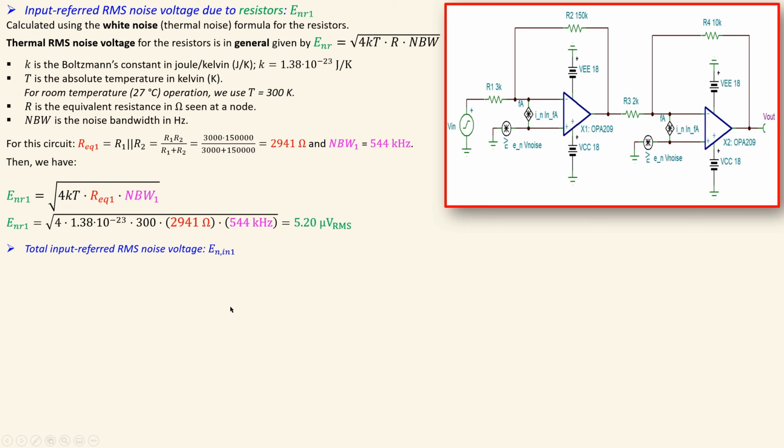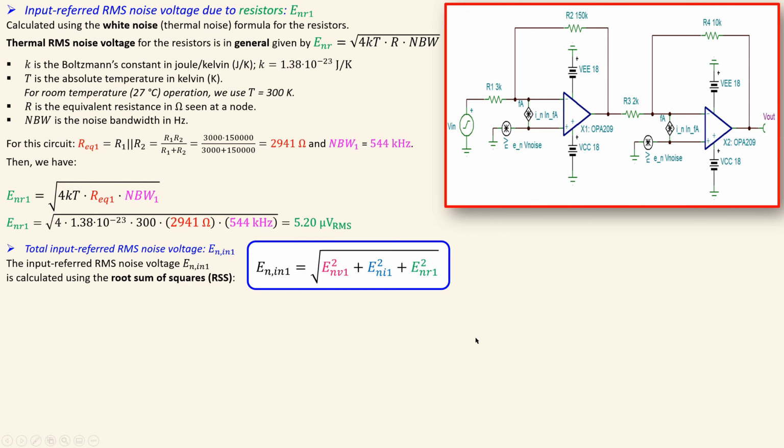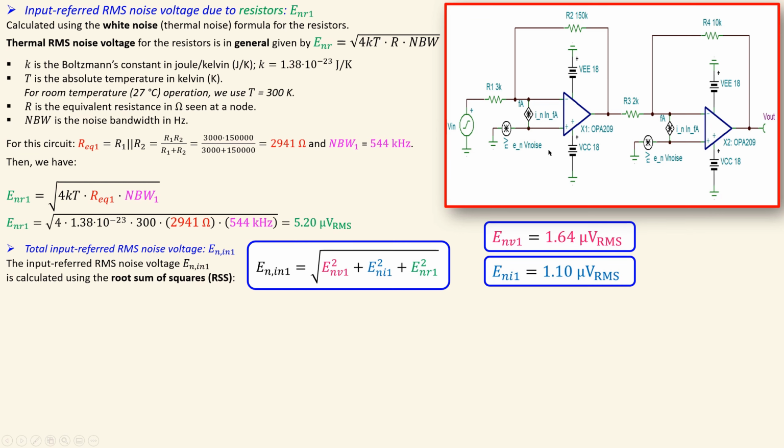Now we can collect the necessary elements. We have the third part, which is due to the resistors for the input stage. We can calculate the input referred RMS noise voltage due to that first stage using the root sum of squares, again using this expression. We already had the contribution of the op-amp noise voltage, the result due to the noise current source of the op-amp, and this result just calculated for the resistors.